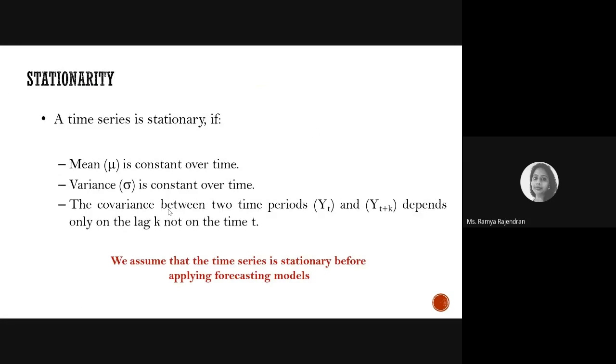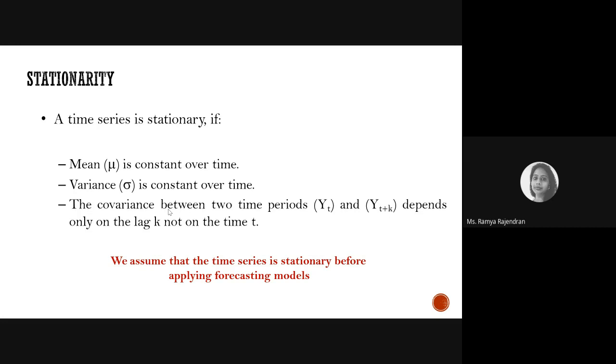Next, we have to identify whether the time series data is stationary or not. Whenever you have data, most of the time we assume it is stationary and just go on and apply a forecasting model. But when your data is non-stationary, when you apply the autocorrelation function or partial autocorrelation function, you may not get the right graph to find your lag number.